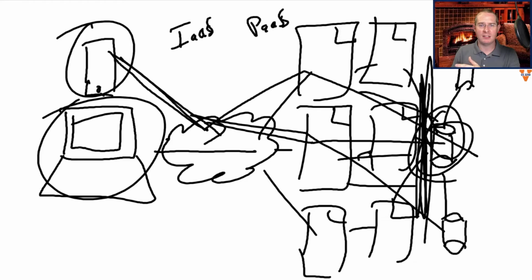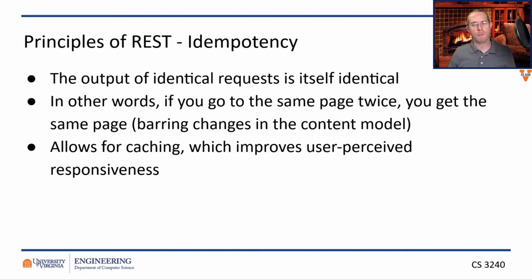But this basically says that it's not contingent on some sort of data being stored on the server side. So a nice thing about this is it allows for caching. If you can cache images and some commonly hit web pages, then your web application is going to just go faster. If your web server can respond that it hasn't changed, then all the better.